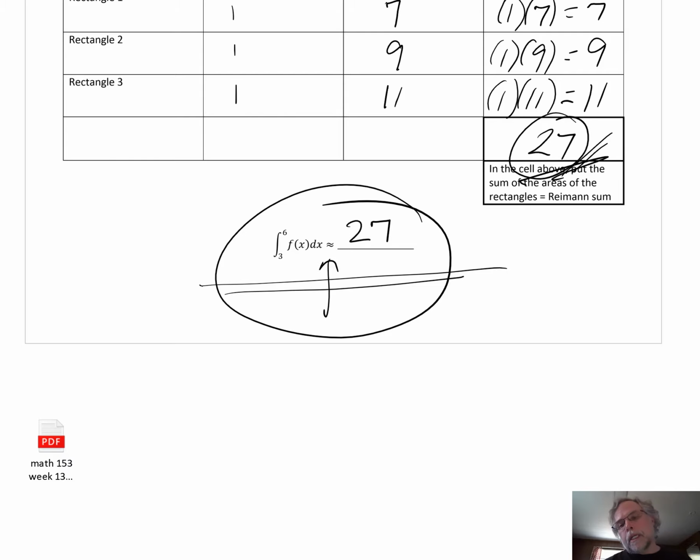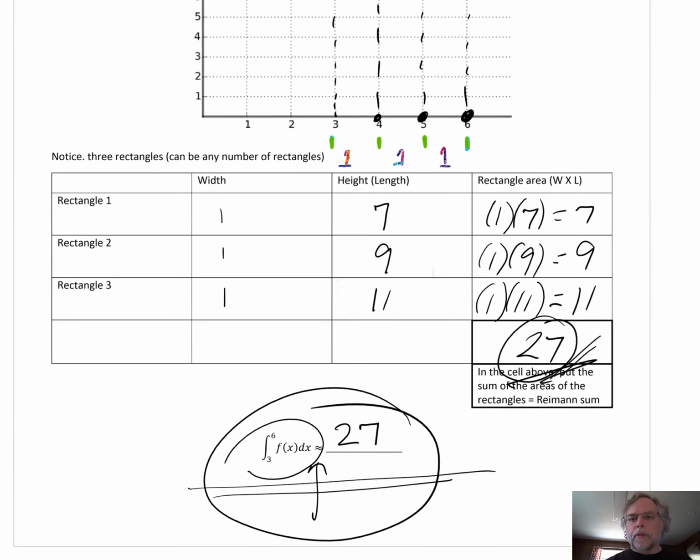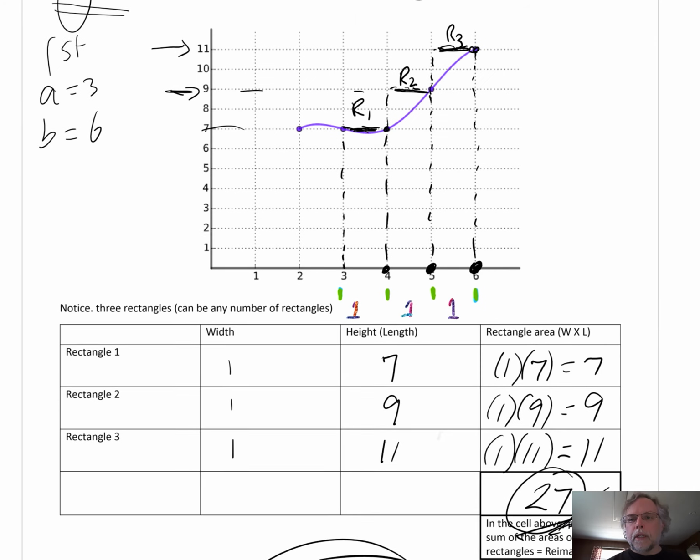That's approximate and not exact. The approximation would be better if we used more rectangles, and increasingly so. The more rectangles we use, the closer the approximation to the exact value of that definite integral. So for example, in this problem we used 3 rectangles.